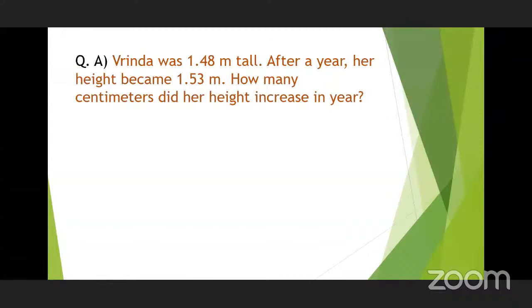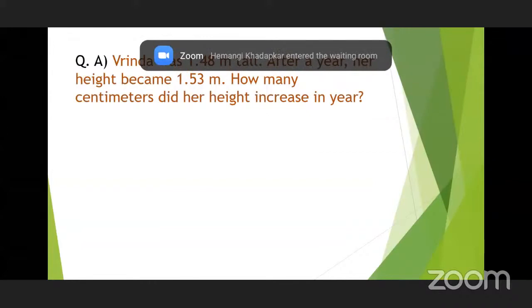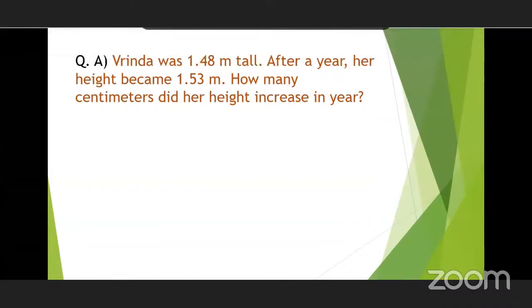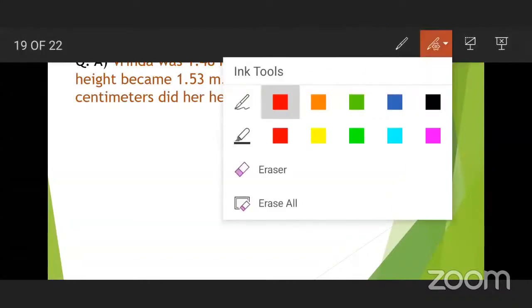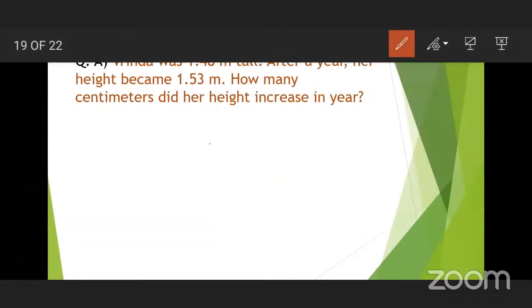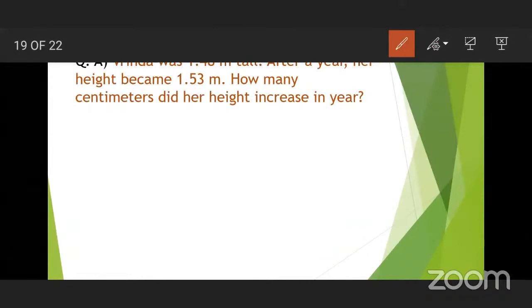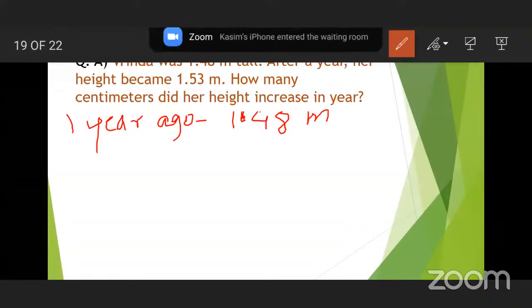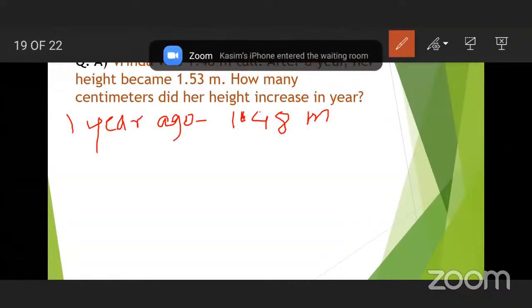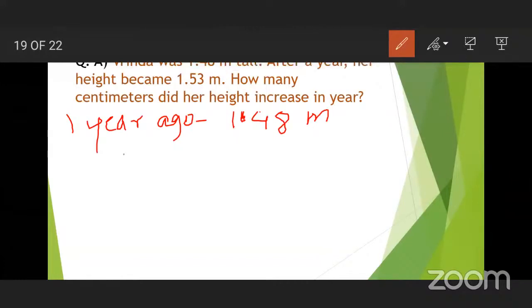Means, see, Vrinda's height one year ago was 1.48 meter tall, and today's height, after a year, her height became 1.53.